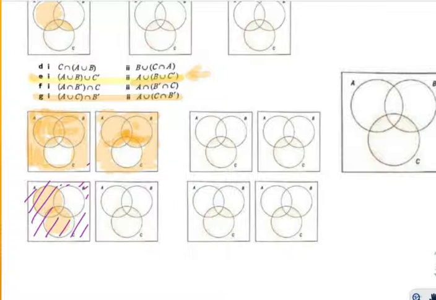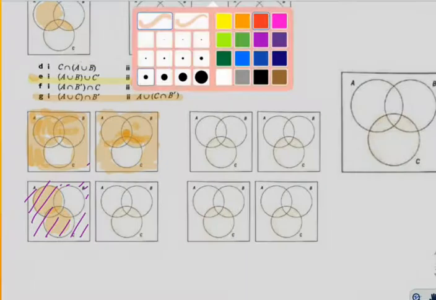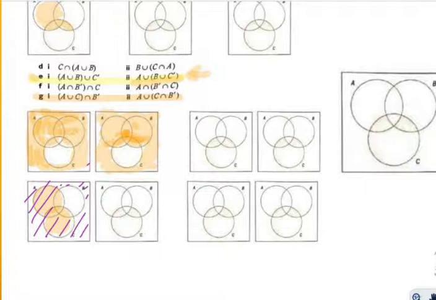So that means basically anything that is purple or orange here, which is basically this part. Okay, so let me erase that and redraw it. So it would be this part.